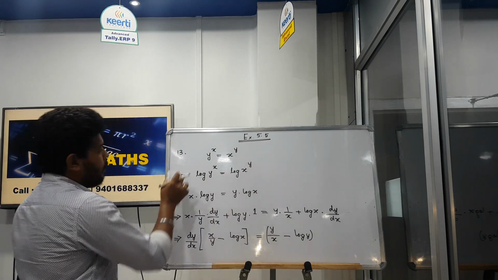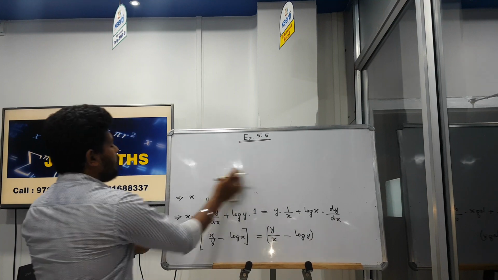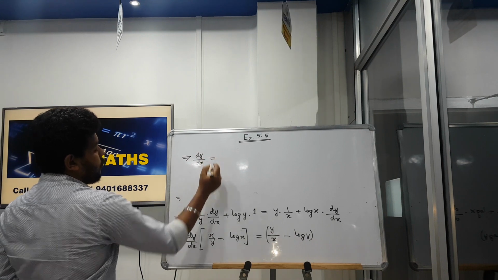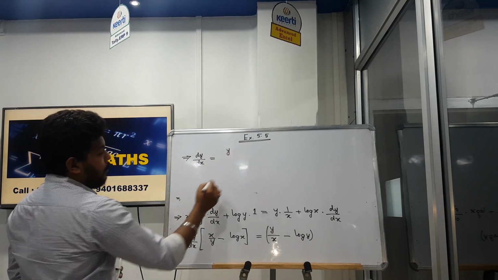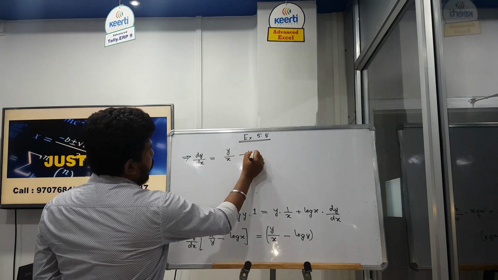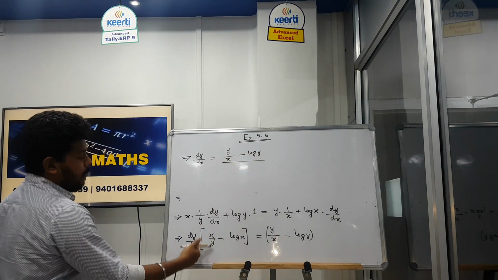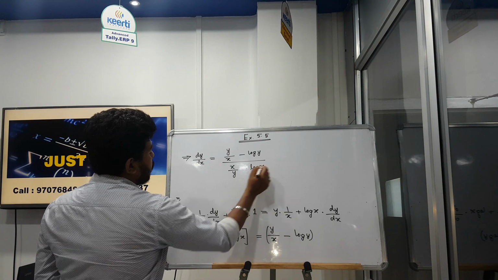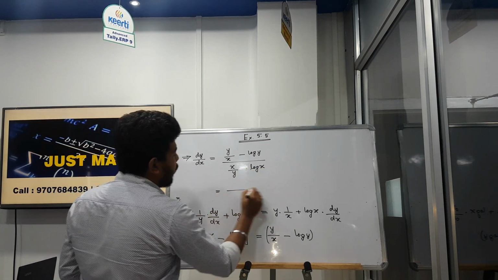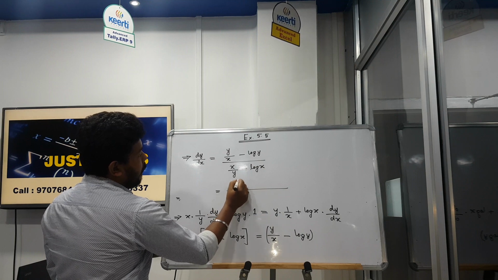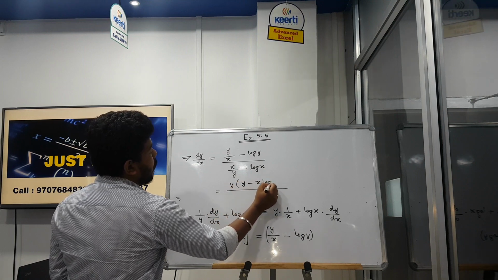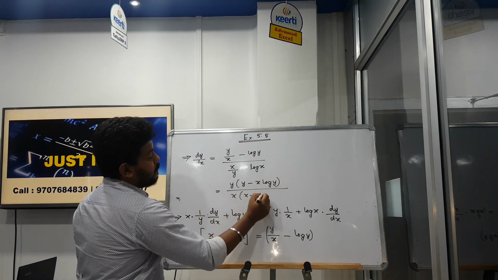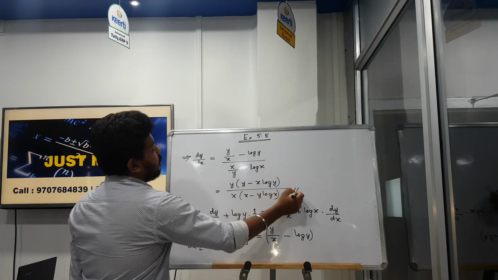Hence your result will be dy by dx is equal to y by x minus log y divided by x by y minus log x. After simple algebraic operations, you will get y into y minus x log y over x into x minus y log x. This is your solution.